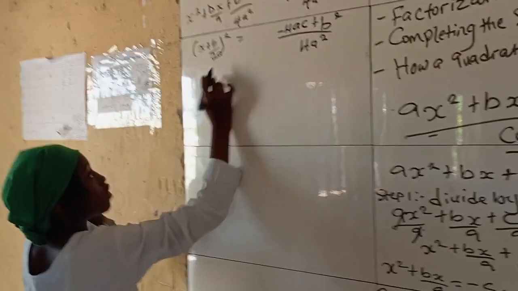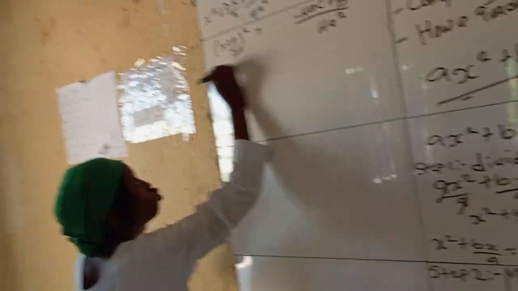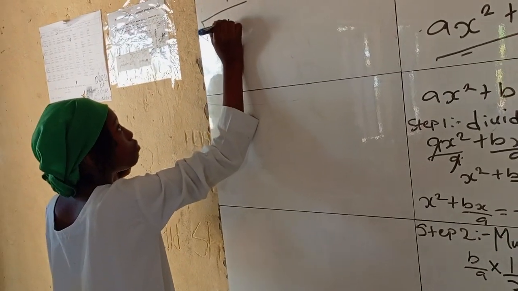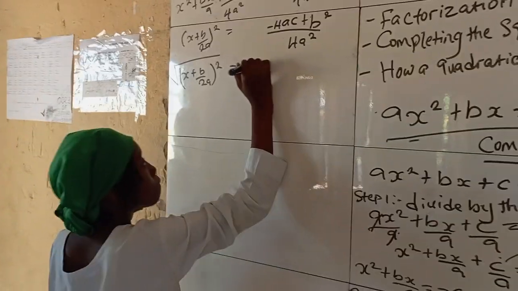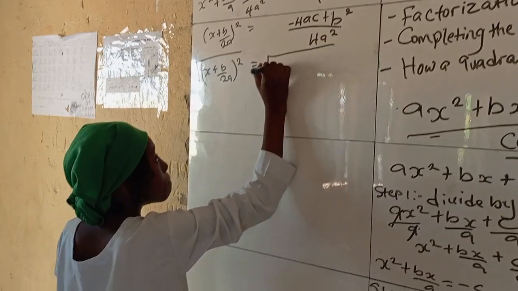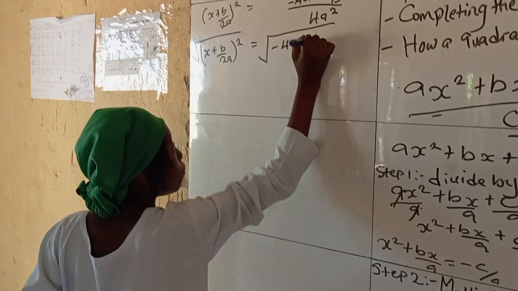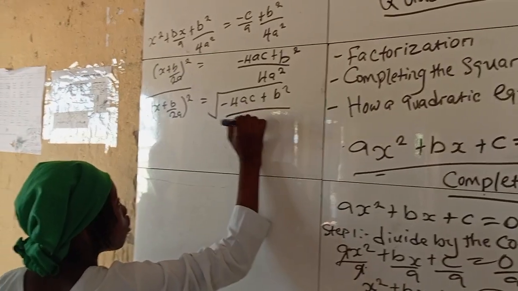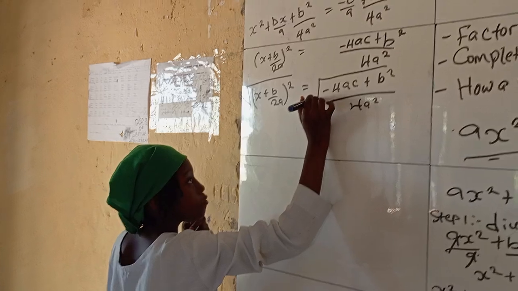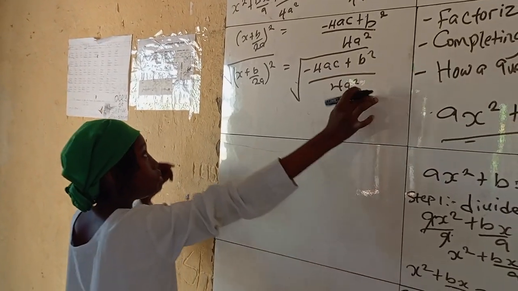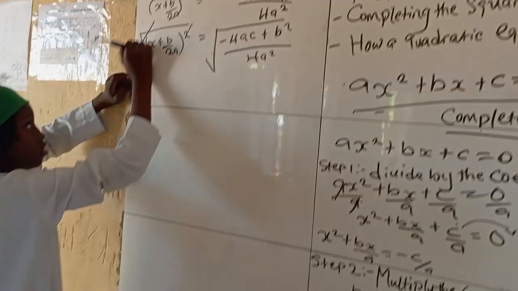Then at this point now, this is a square. Then we root both sides. This is x plus b all over 2a, squared, is equal to, we root it, minus 4ac plus b squared all over 4a squared. This one now is written everything, both the numerator and the denominator. Square here can cancel this, right?